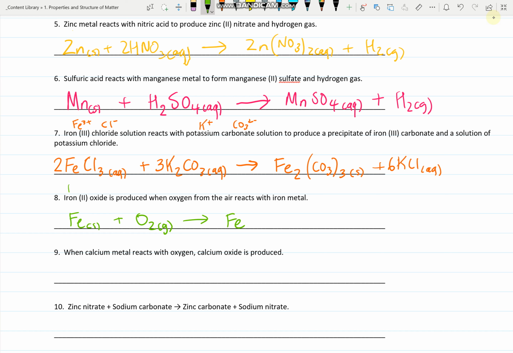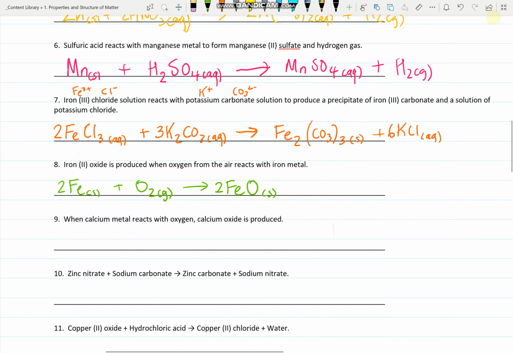So this is Fe 2 plus, and this is oxygen 2 minus, 1 to 1 ratio. It's going to be a solid. If you've ever done this reaction, you've probably done magnesium plus oxygen and seen that white residue at the end. So that's how I know it's a solid. I've seen it before. And you've got iron oxide, and you're going to have to put a 2 there to get the oxygens balanced, and a 2 there to get the irons balanced because of that.